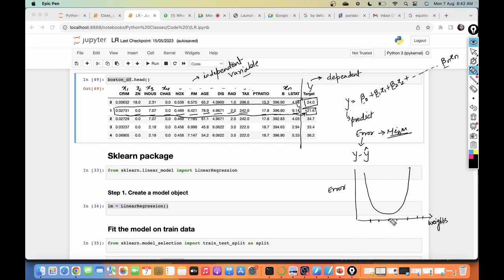So at any place, where the slope will be 0 first, and second wherever we have the minimum error, that weight we will take. Those values of beta 1, beta 2, beta 3 we will take, and will give the y predicted in the final, right? So this is the overall thing that we have learned.